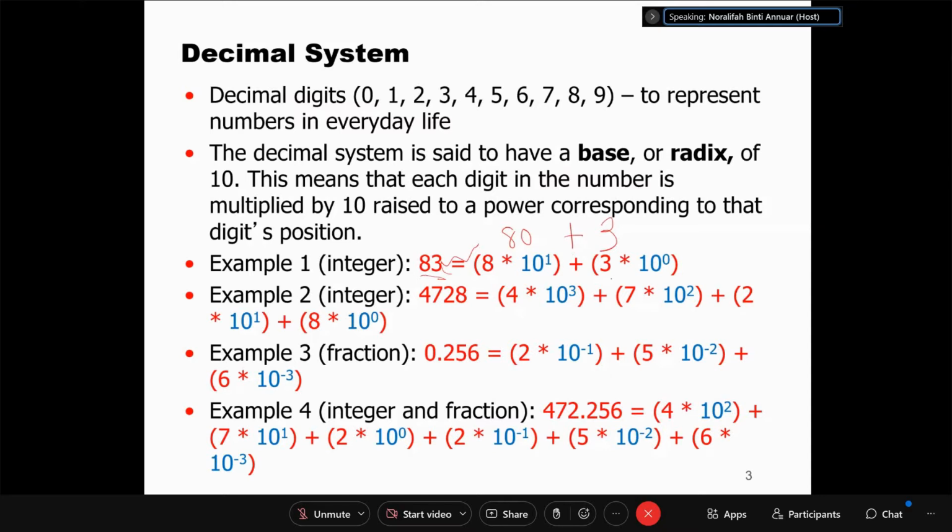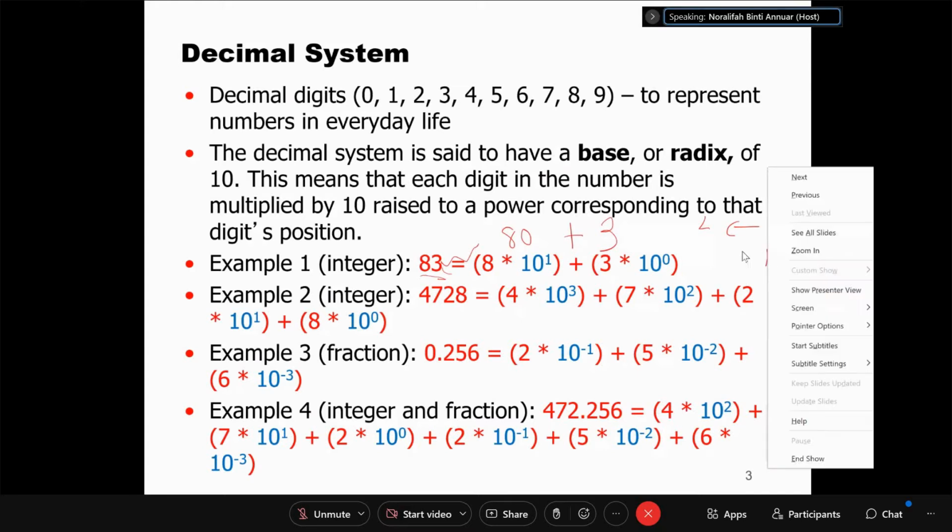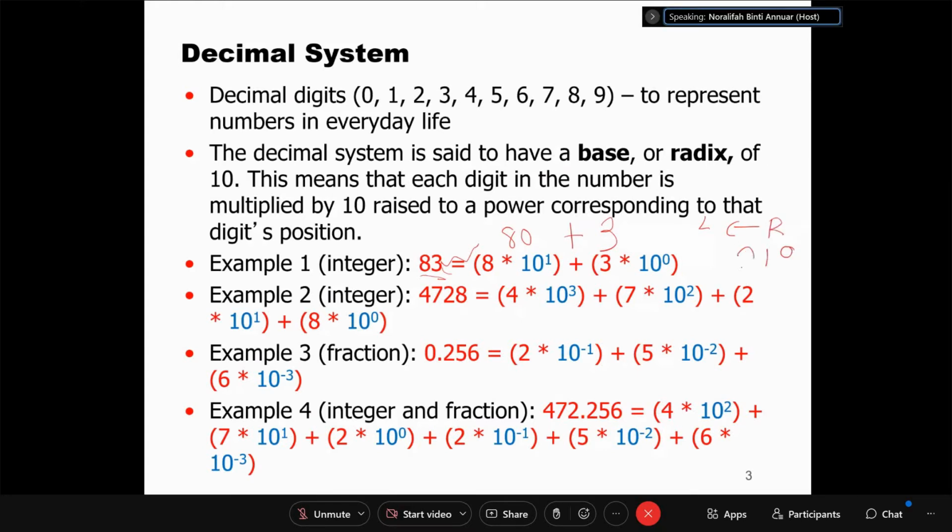So how do you get 0 and 1? This is the least significant digit. Remember, for the position you start from right to left. Right, left. So 0, this is the base position. We call it the base position. 1, 2, 3.